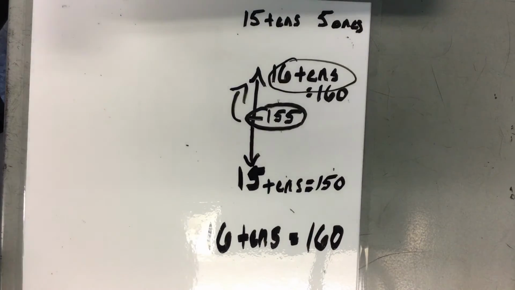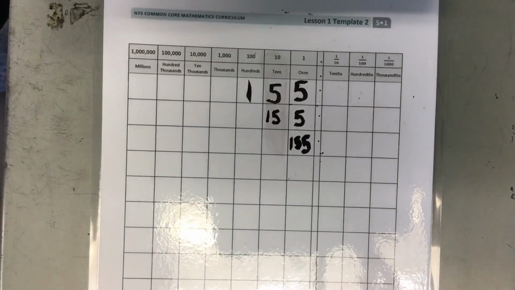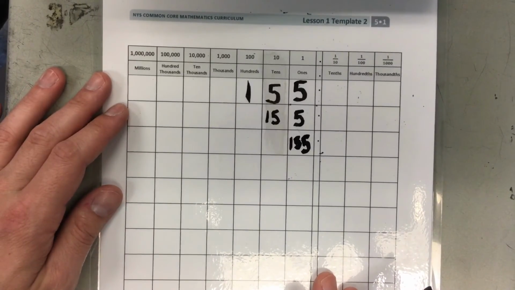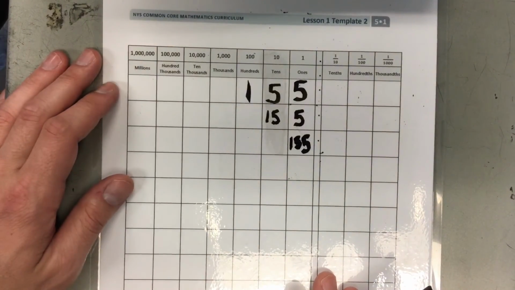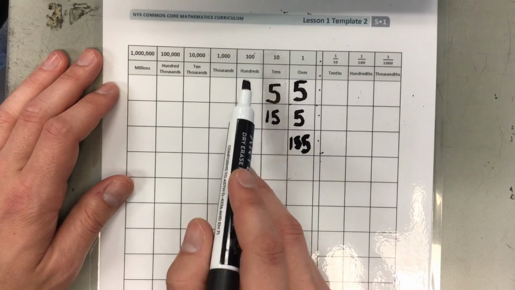Now let's round to the nearest 100. So let's go back and look at our decomposition. And if I'm looking to round to the nearest hundred, which decomposition helps me figure out where I should go? Yeah, it's this first one. So you see I have 100 here.